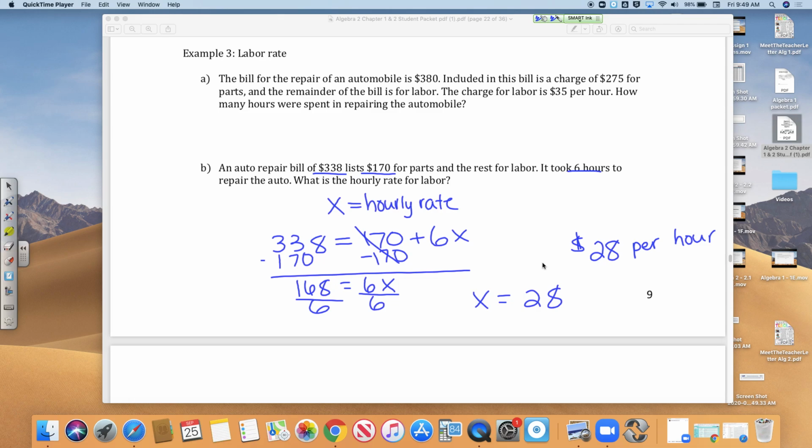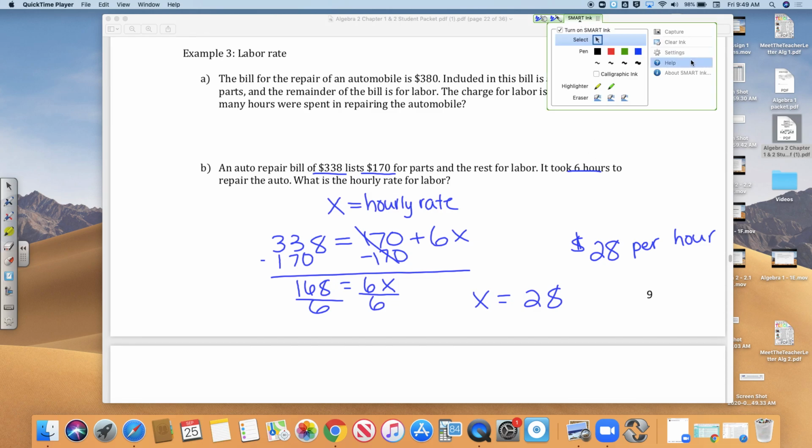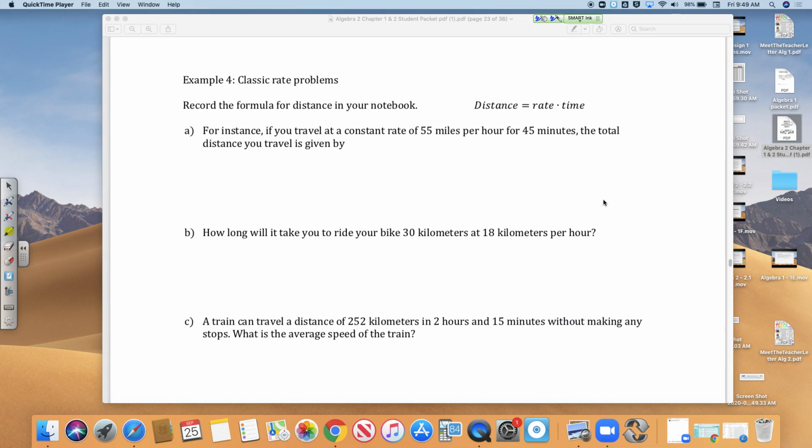All right, moving on to some more examples. Example 4 is all about classic rate problems. So we are going to be using the formula distance equals rate times time for all of these problems.